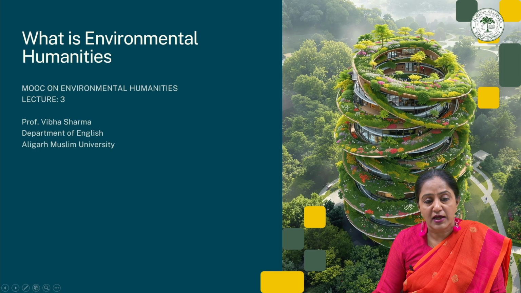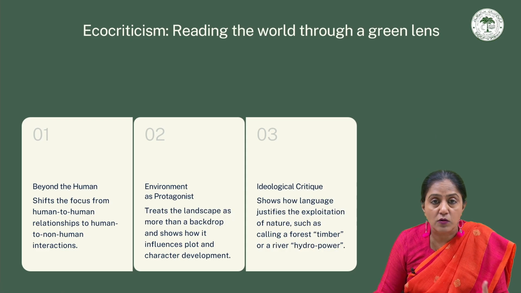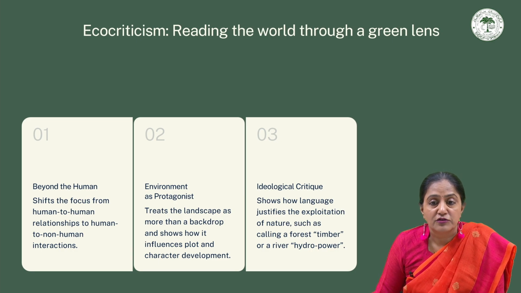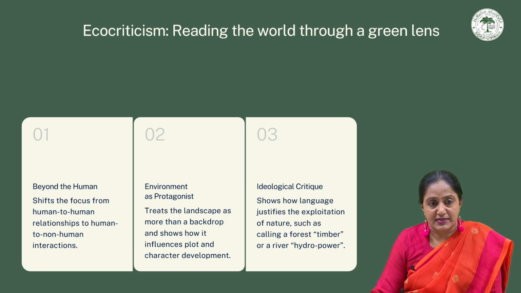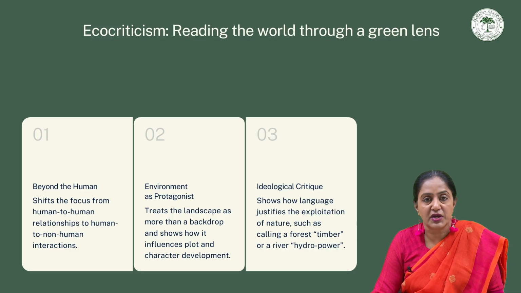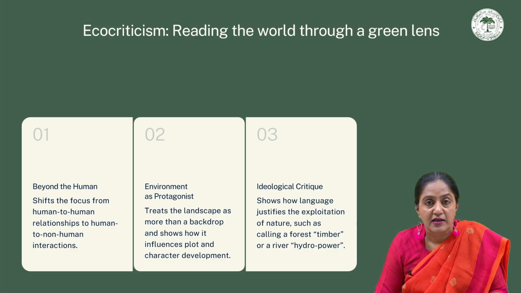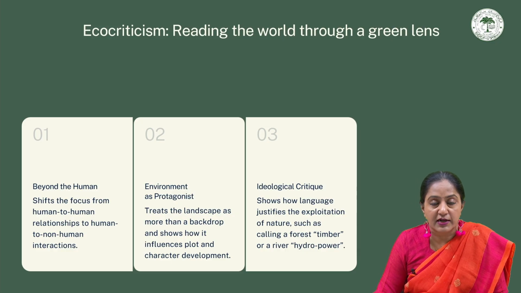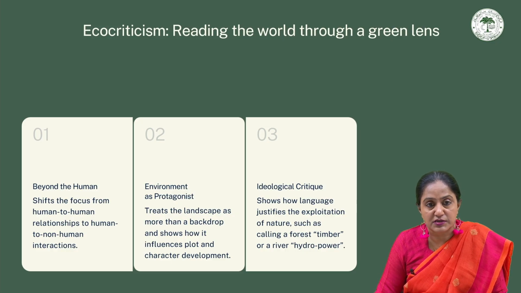Now we will look at eco-criticism, that is, reading the world through a green lens. You have heard this term eco-criticism, which is made up of two words, that is ecology and criticism. Criticism is a field of literature and ecology is a word that comes from environmental discussions.